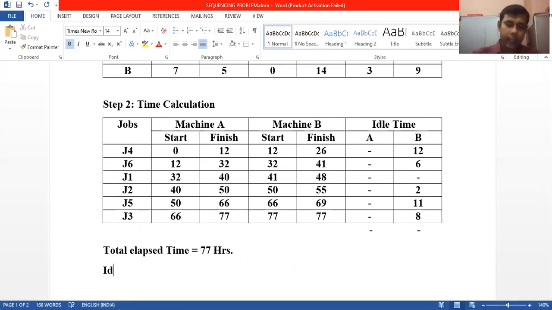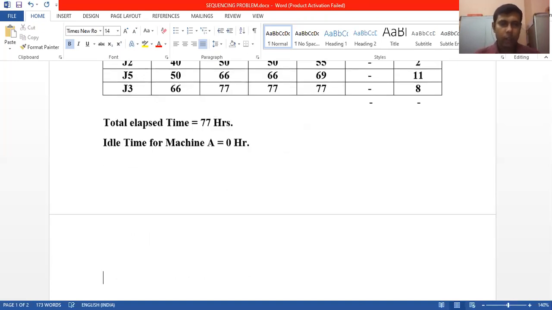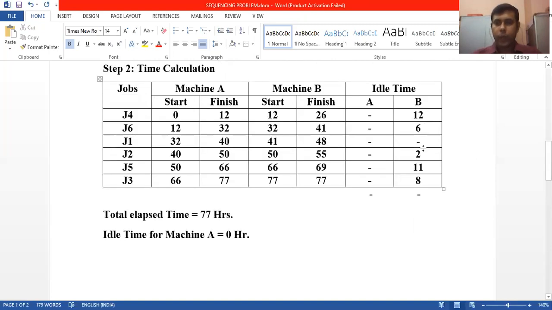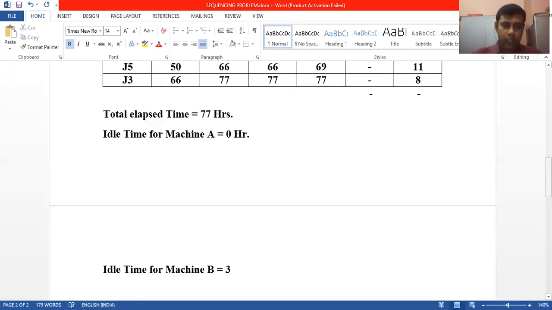Now, idle time for machine A is 0 hours. Lastly, idle time for machine B equals, you need to add all these. So 12 and 6, 18, 20, 31, 31 and 8, 39 hours. So it is 39 hours.